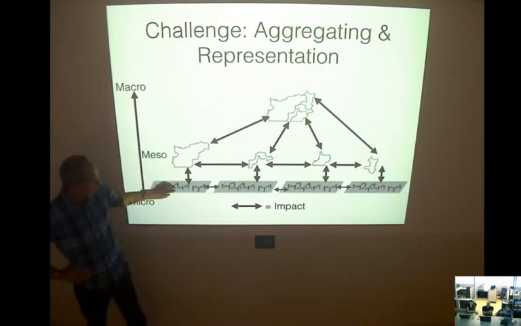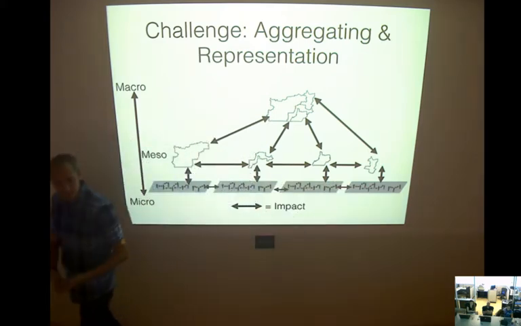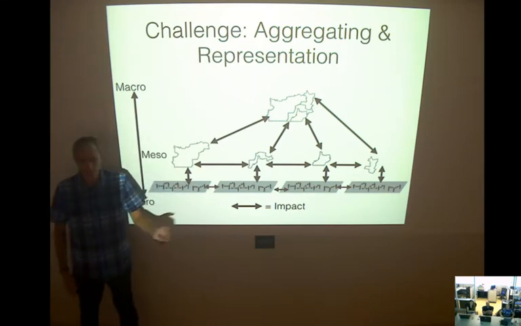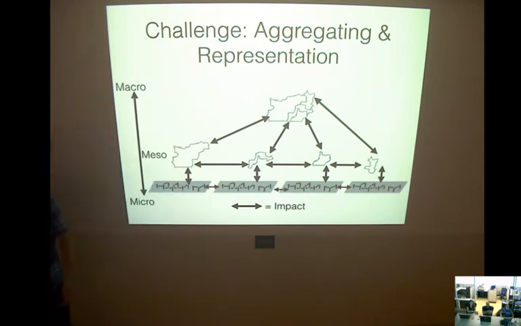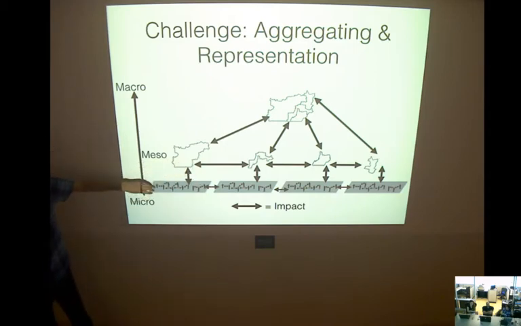Here you can imagine these are different neighborhoods. We know people in the neighborhoods are connected. For example, you'll interact with your neighbors, potentially, unless you don't like your neighbors, then you won't interact with them. But you'll also have some type of interaction with other neighborhoods. Say if your kid's on a soccer team, you'll then go to another area to play soccer and things like that. So everything's connected. But as we aggregate up, we lose some of the information at the individual level.